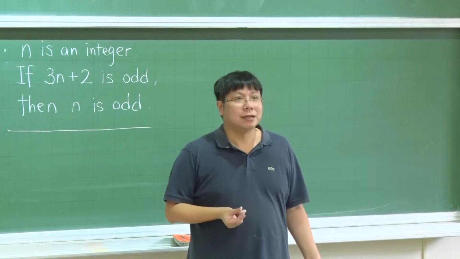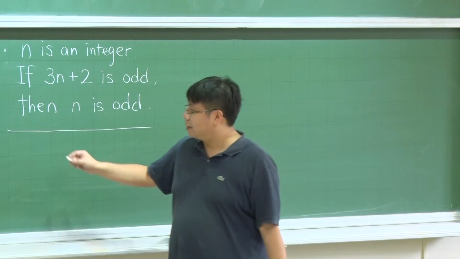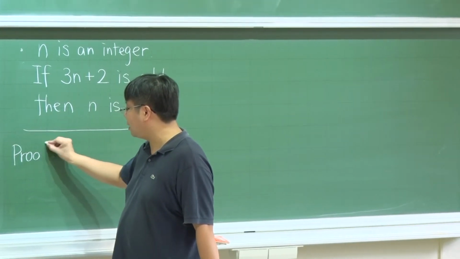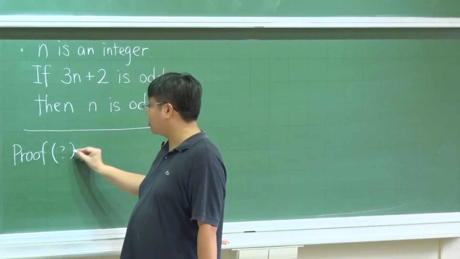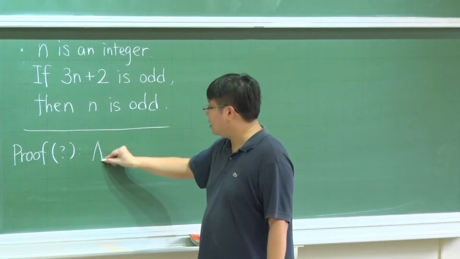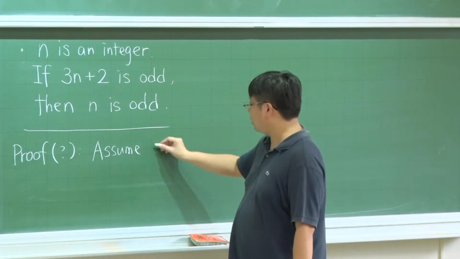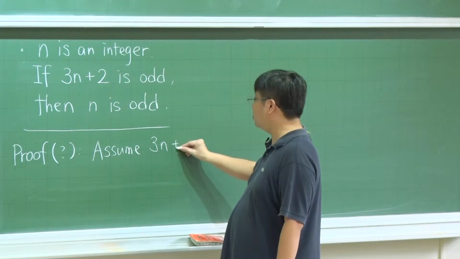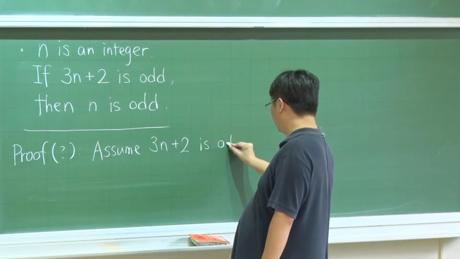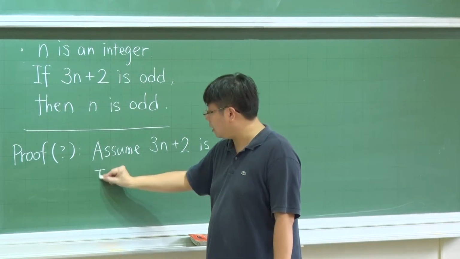And let's see what happens if we try to prove it using the direct proof. See if it works. Okay, so proof. I don't know whether it works, so I put a question mark here. So we can assume 3n plus 2 is odd. Then what can we conclude?